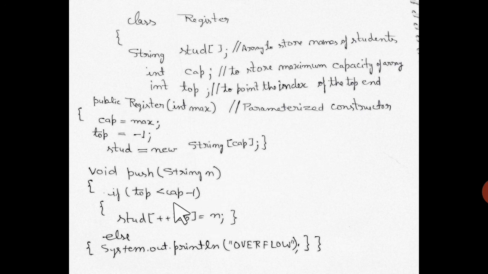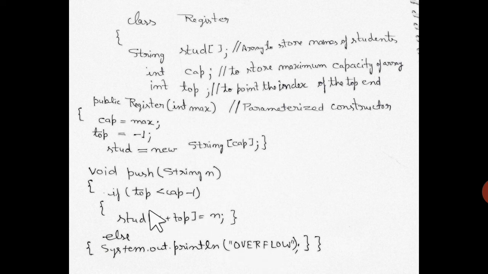Because if the top is already equal to cap -1, it cannot be increased because it is already full. Okay. Now after that we have got else system.out.println overflow, because if this condition is not satisfied, that means there is no space for the new data item or new name as far as the register is concerned. So names are to be inserted, so overflow will be there.